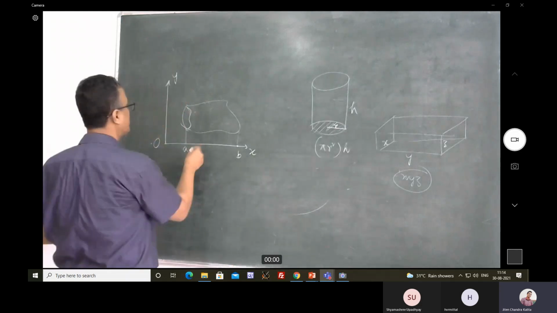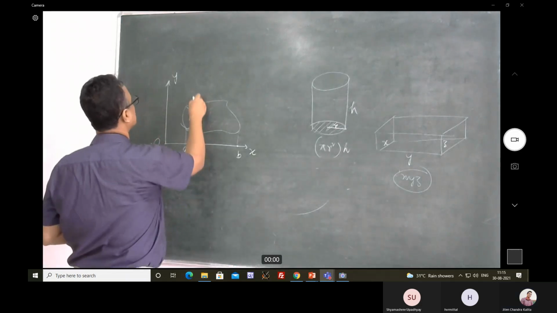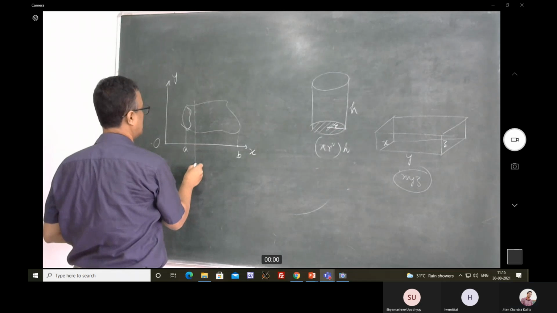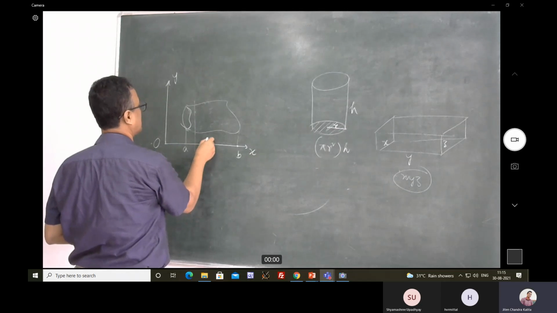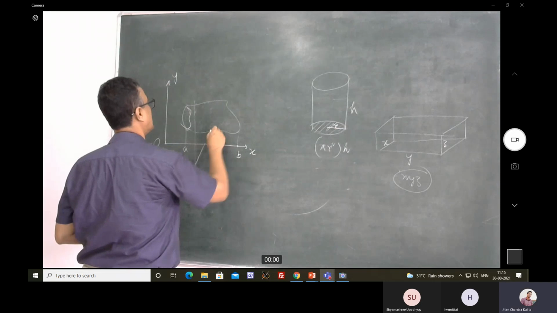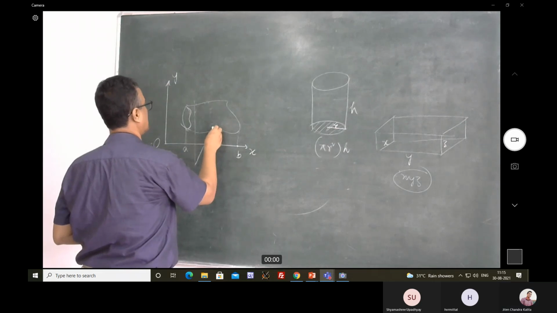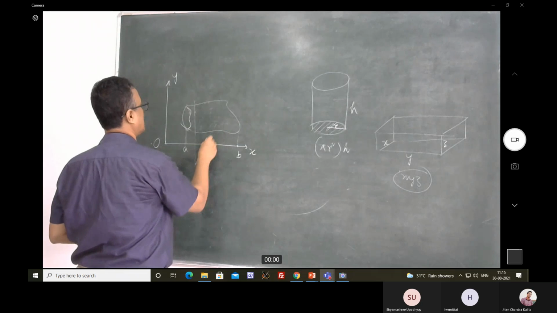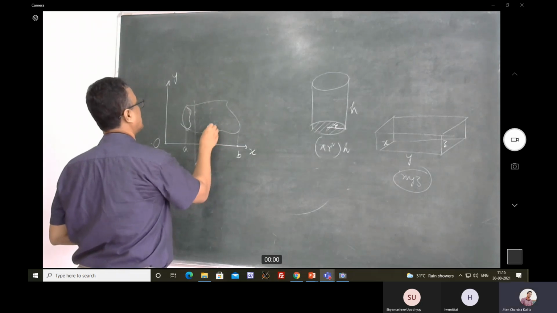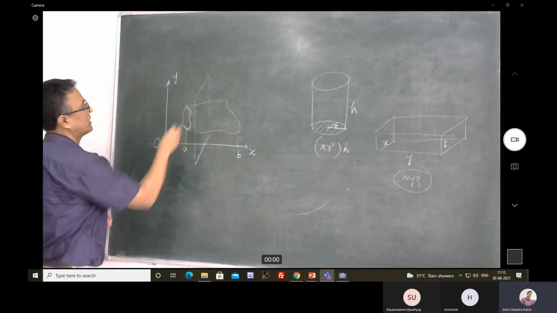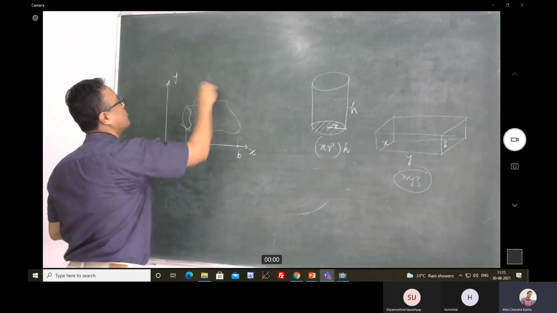So the plane is going to be something like this. Let me call this plane Px.